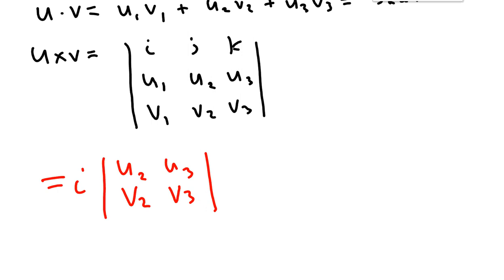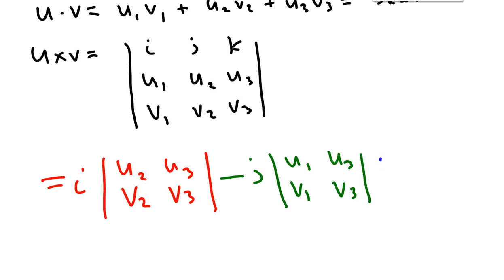And then I do it again with j. I cross out the column and row, and then whatever's left here, I'll have u1, v1, u3, v3. So let's get rid of those lines there. So one little subtlety, you got to put a minus there. So it's minus u1, v1, u3, v3.